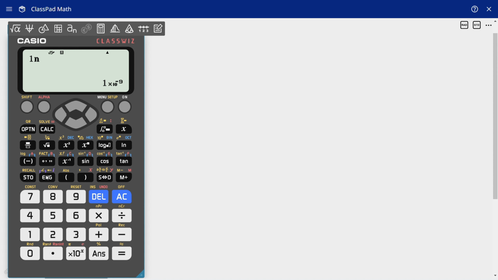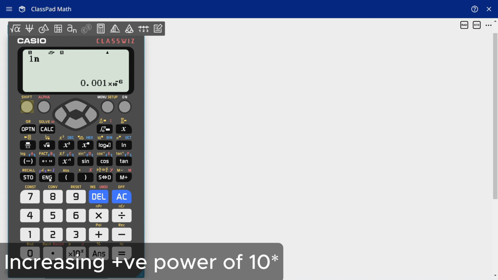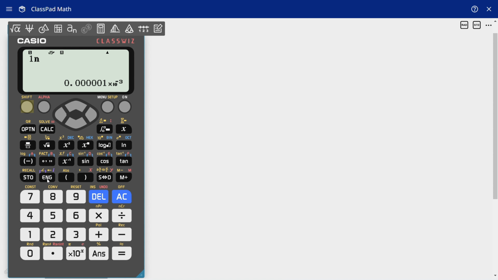And another thing is there's also this button ENG. If you have an answer and you want to switch the power of 10, so to switch the standard form, you can click on this. And well, if I click shift this, it goes in the opposite direction. So here I can make it into a longer decimal.